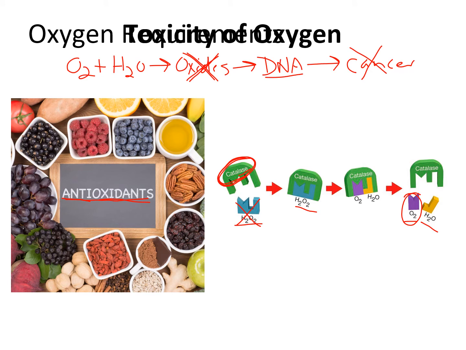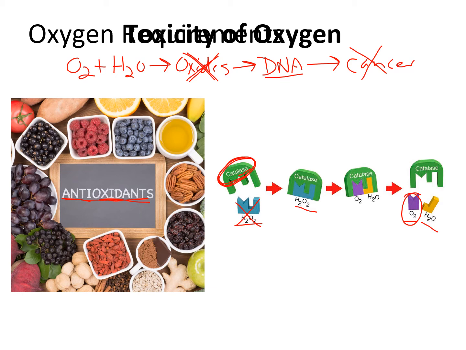So when determining the oxygen requirements for living things, you need to keep in mind two things. The first thing is, do the cells actually contain the enzymes to detoxify the oxides that are produced by oxygen? If they have the enzymes, then they will be able to survive in an aerobic environment. The other thing to keep in mind is, do the cells actually use oxygen as part of their carbohydrate metabolism?